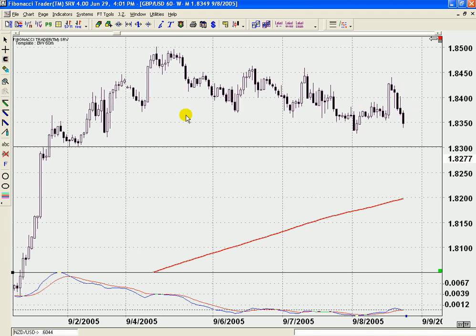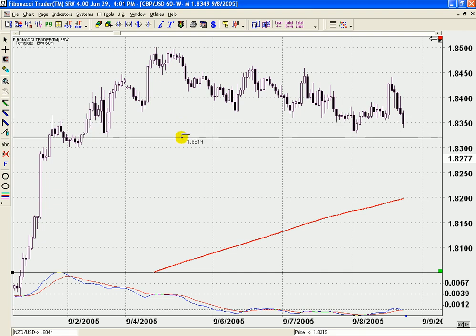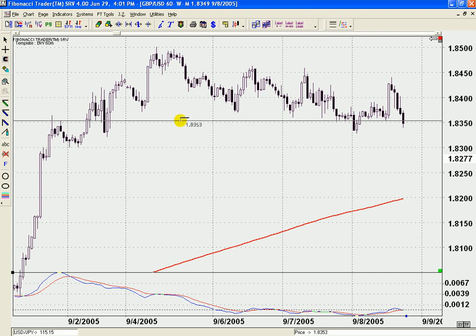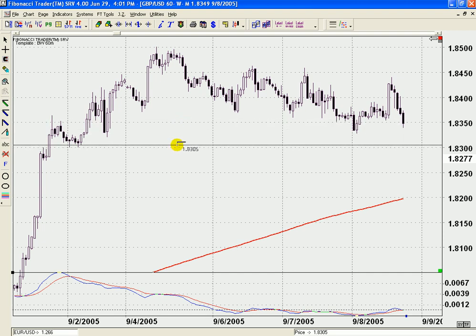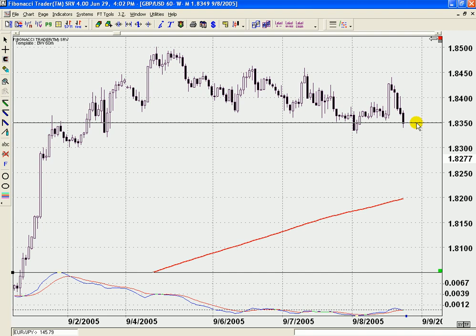Eventually we have to delineate a line of support, and eventually one of them is going to give way. Our line of support could be at 83.50. Right around 83.50 is a pretty important level.